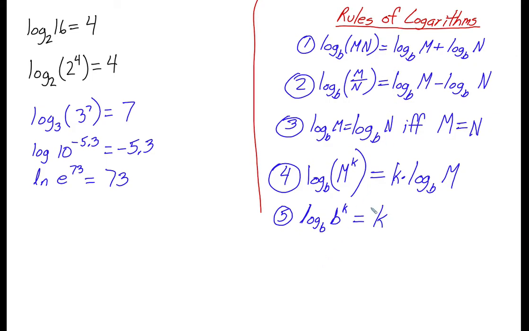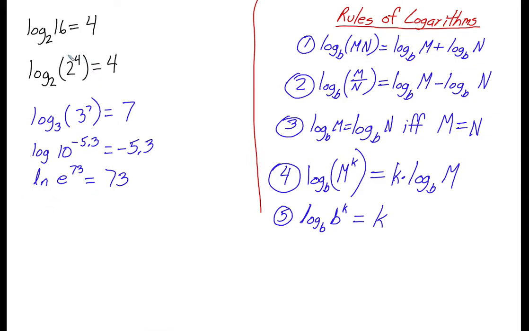Now, this isn't really a new rule, because it falls out from the fact that an exponential function and a logarithm are inverse functions of each other. Remember, what that means is the output of one becomes the input of the other, and when you put that output from the first function in as the input of the second function, you get your original input back.